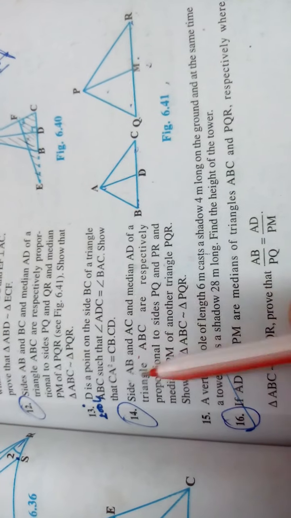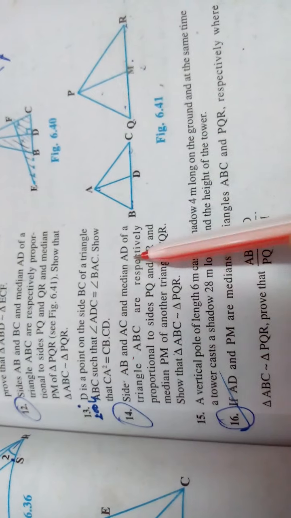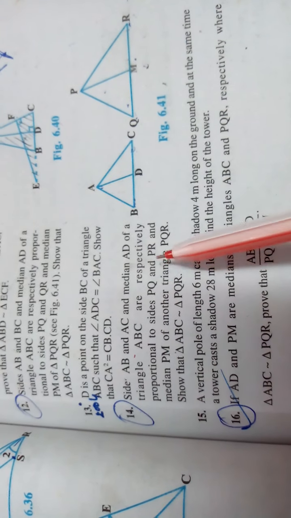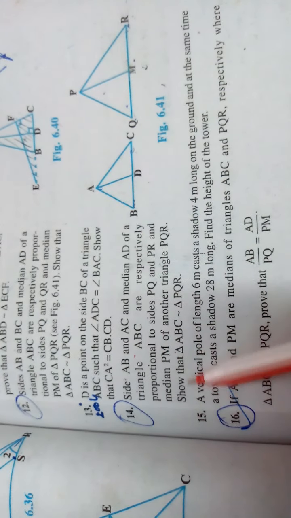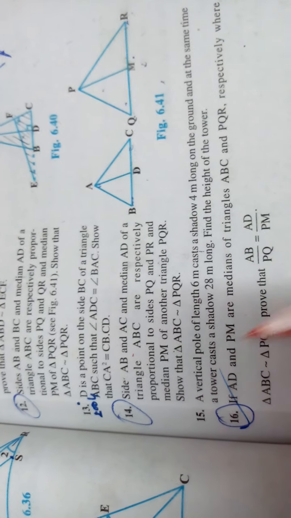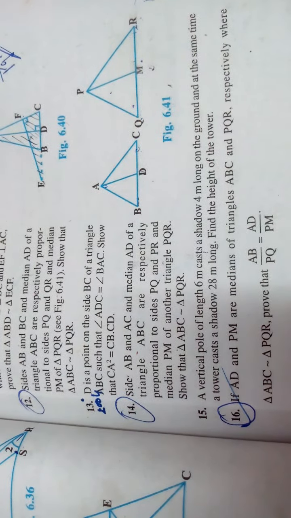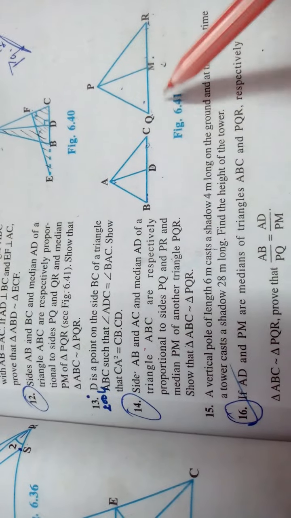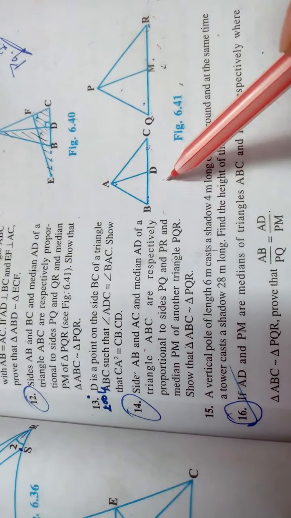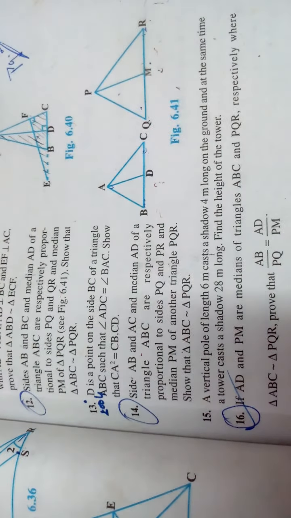AB, AC, AD, all from A. And here also PQ, PR and PM, where AD and PM are the medians, means D and M are the midpoints. Then you want to prove the similarity. Questions 12 and 14 are the same, but the proof is different. Here BC upon QR is given, that's why I have written 2BD, 2QM. But here it is not given, all from A.